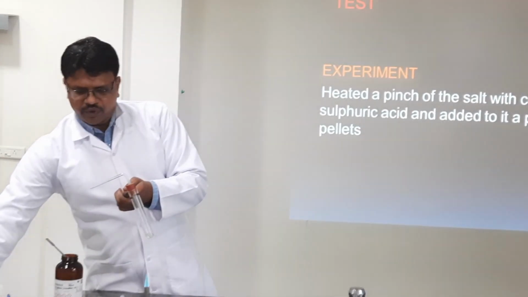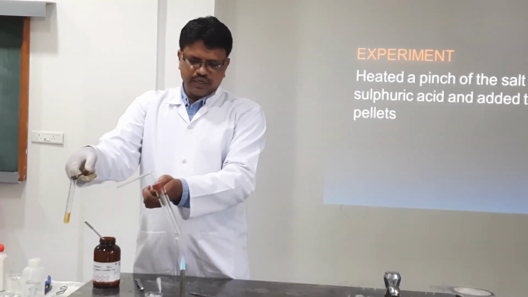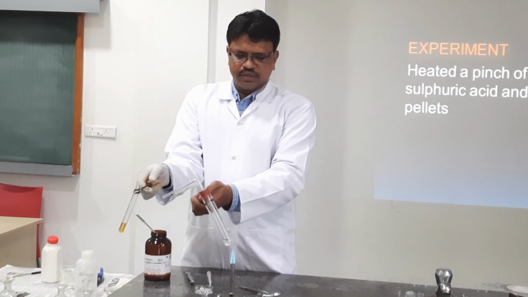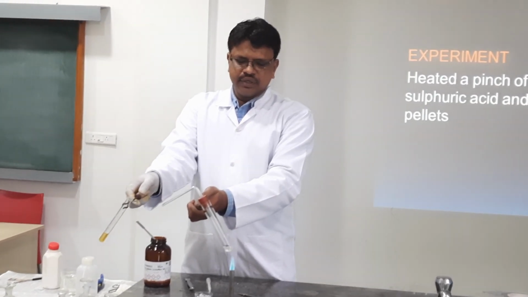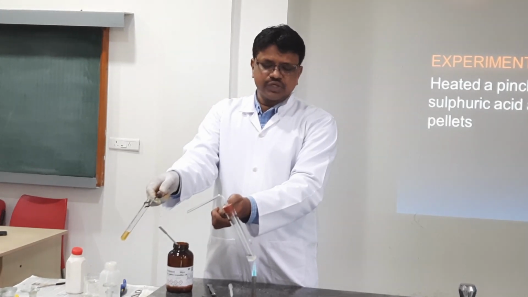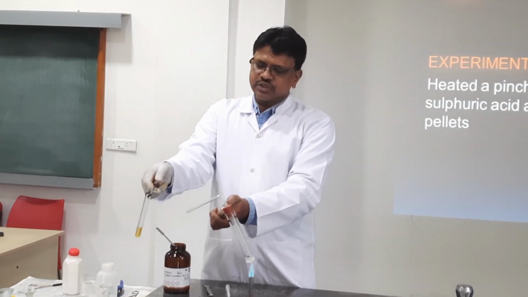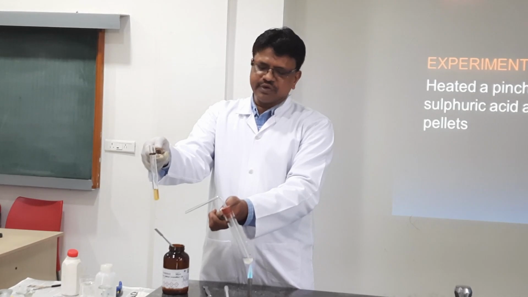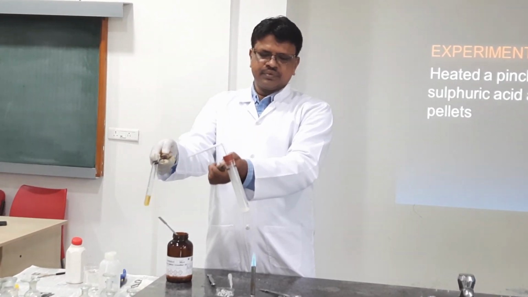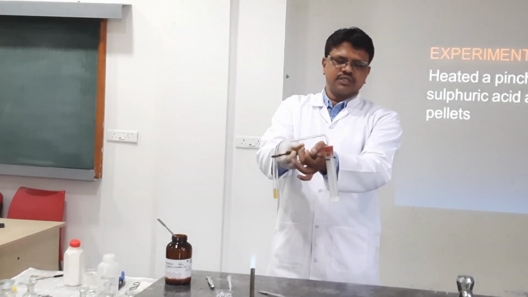So here, what am I doing this test for? If any anion is present, when I heat, a gas should be released. That gas should change this ferrous sulfate solution. Some gases are coming out because this is exothermic.